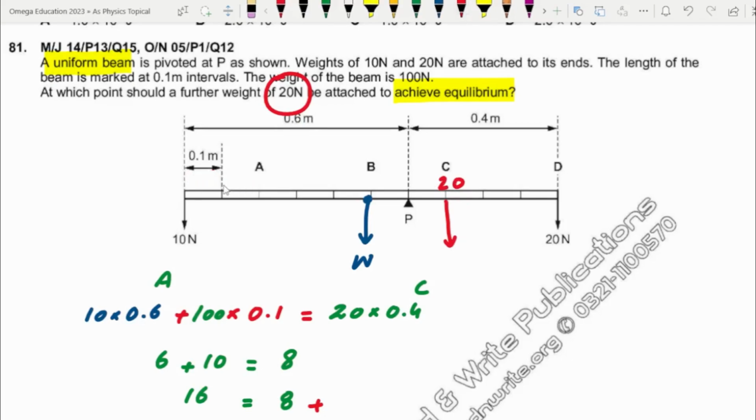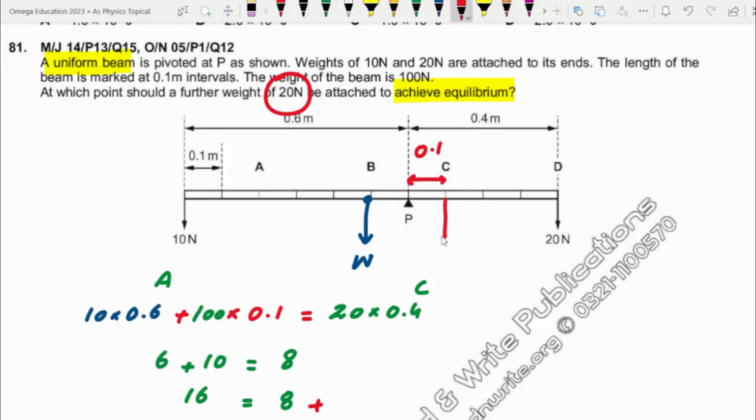It's given at the start. The uniform rod is made up of different segments, and each segment is 0.1. So the distance between the pivot and point C would also be 0.1 meters.